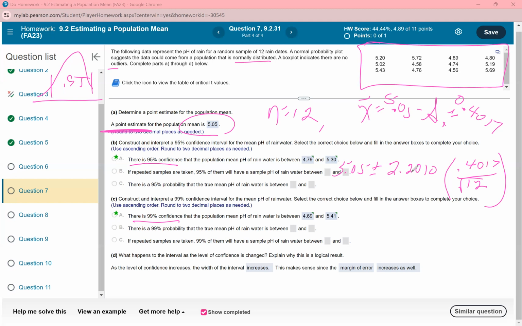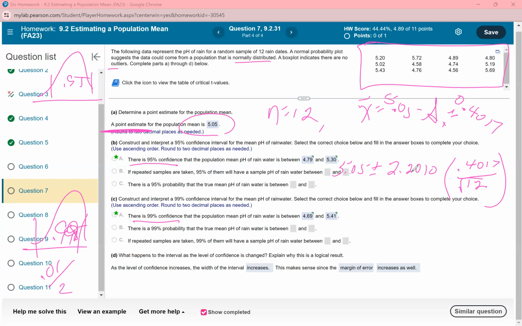Next one, the 99% confidence interval. The only thing that's going to change is getting that t. So now to get my t, I have to do 1% divided by 2. So again, I'm going to do another inverse t, but with 0.01 divided by 2.